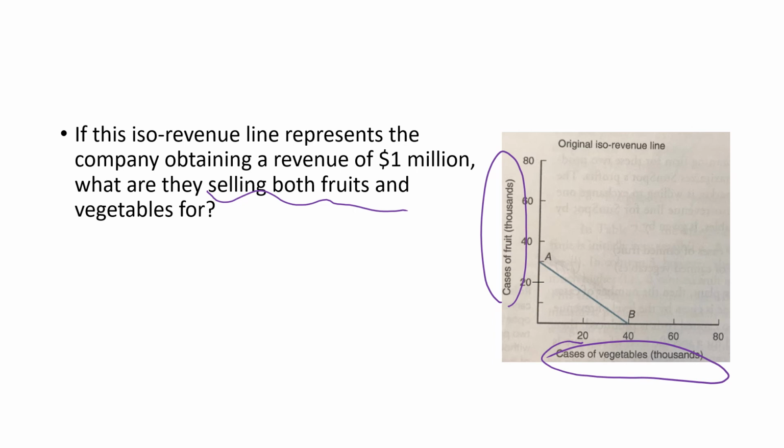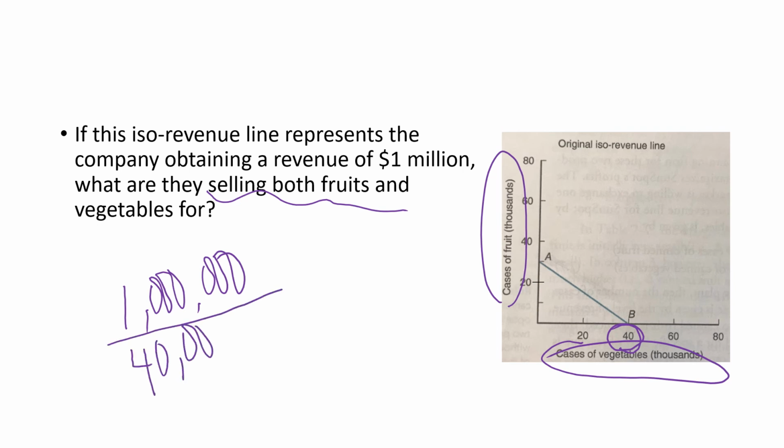But if they obtained a revenue of $1 million, and they did that by only producing and selling cases of vegetables, they could produce 40,000 cases of vegetables. So the price of vegetables that they can sell them for in that case, we would just take 1 million divided by 40,000, and that's going to be $25. Okay, so they're using the same numbers here.